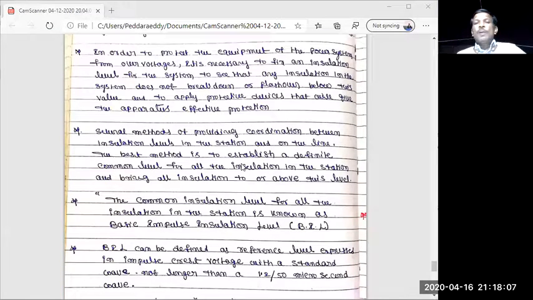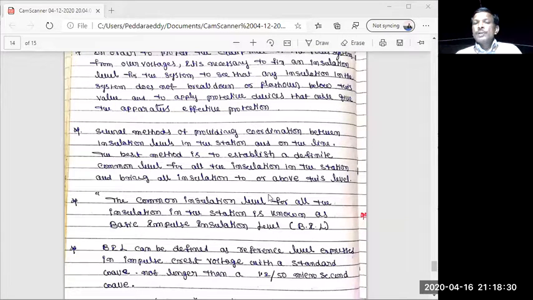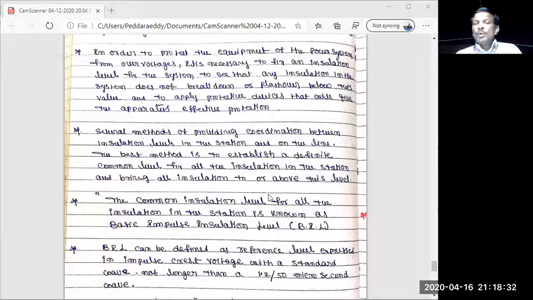There are several methods of providing coordination between insulation levels in the station and the line. The best method is to establish a definite common level for all insulation in the station and bring all insulation to or above this level.